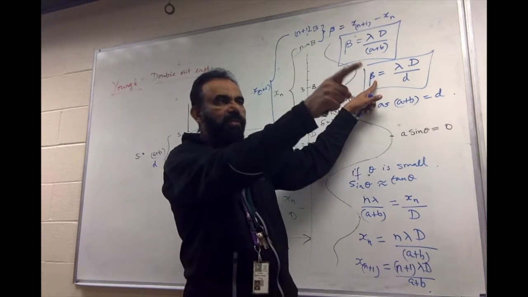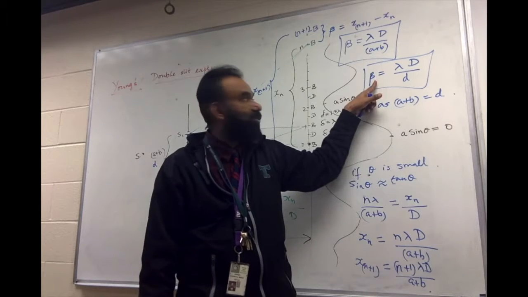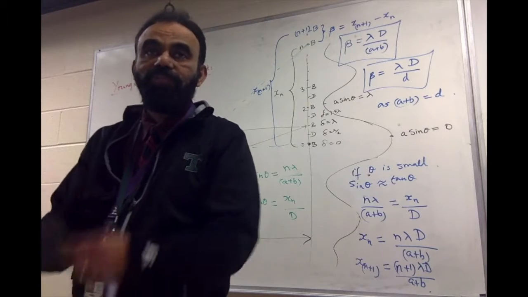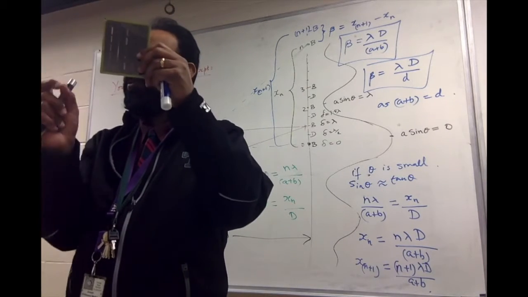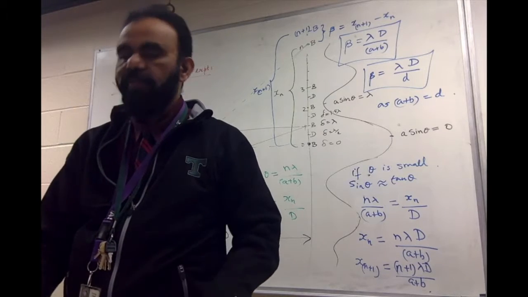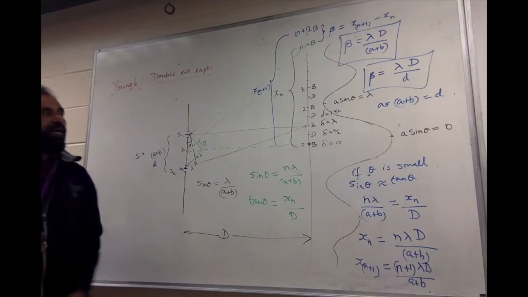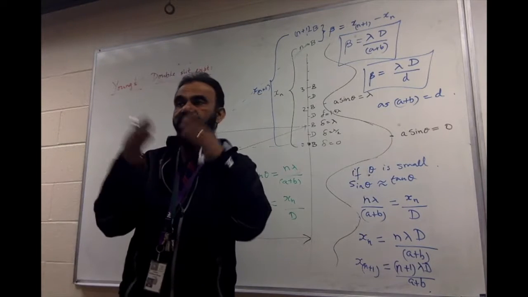Beta, you can measure on the screen and find out how much it is. With that, we should be able to figure out the spacing between the slits. How finely are those slits together? So Young's double slit explains how interference is formed in the area where diffraction allows light.